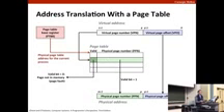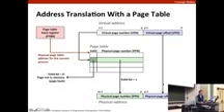So the whole purpose of address translation is, you're given a virtual address, and you want to come up with a corresponding physical address. So the physical page number portion of the physical address comes out of the page table entry. And this is interesting.